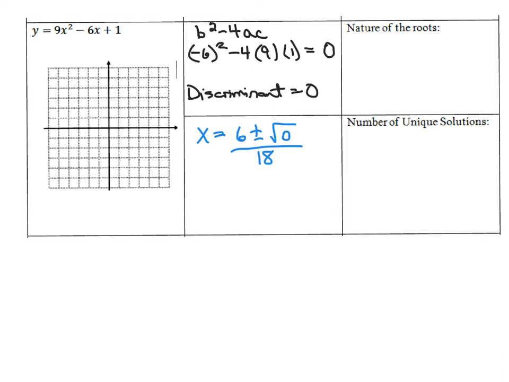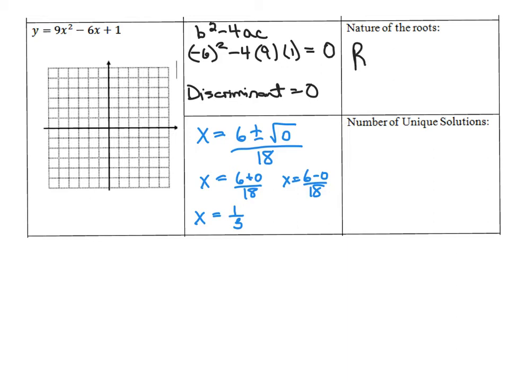Now in this case, I am getting two solutions, 6 plus 0 divided by 18, and also 6 minus 0 divided by 18. But if I'm observant about this, I see that actually they're exactly the same root, x equals 1/3.